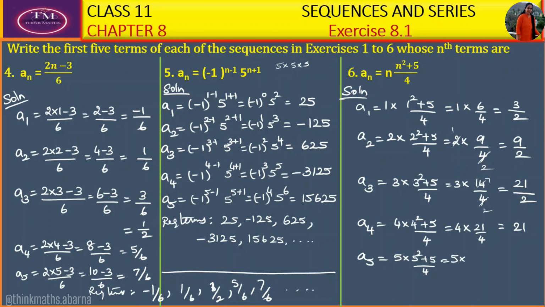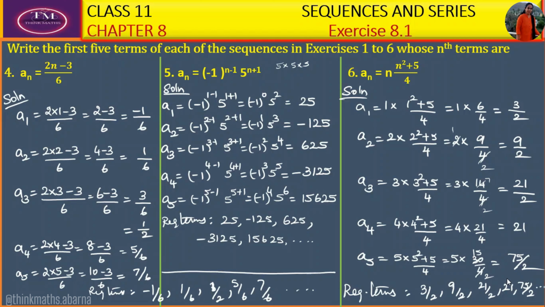So 5 into 25. 5 square is 25. 25 plus 5 is 30 divided by 4. Okay. So simplify. This 2 2s are 4 and 15 2s are 30. So 5 into 15 is 75 by 2. So these are the terms we need. So we can write the result as required terms are 3 by 2, 9 by 2, 21 by 2, 21, 75 by 2. So these are the required terms.